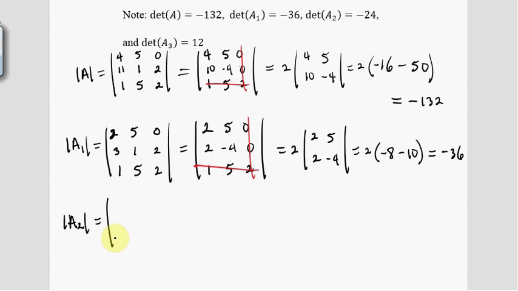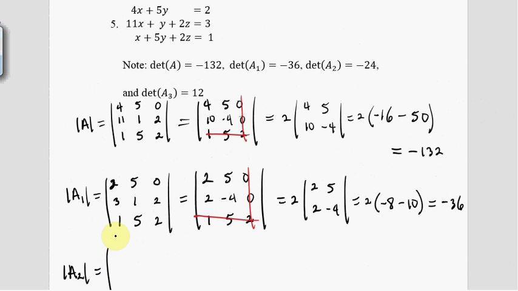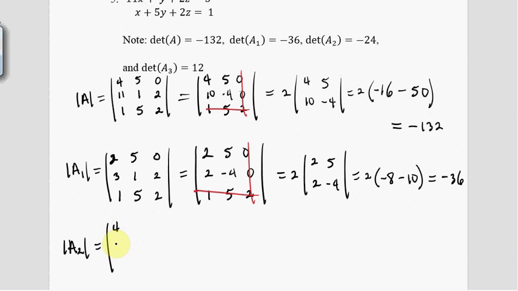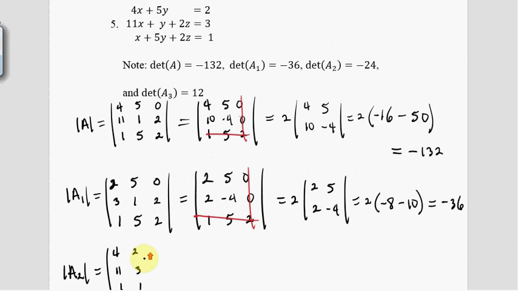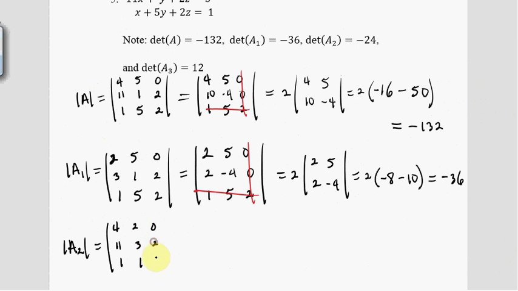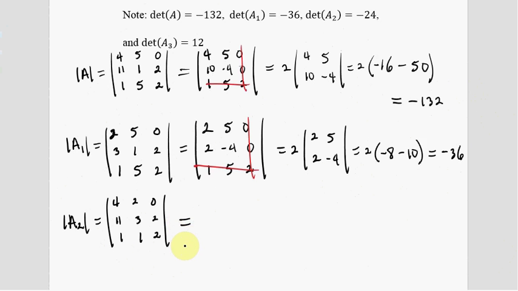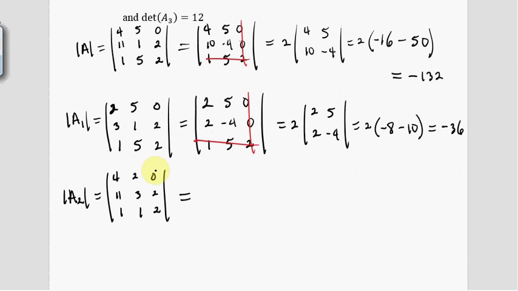A sub 2: take the coefficient matrix, replace the second column with 2, 3, and 1. So 4, 11, 1, 2, 3, 1, 0, 2, 2. All right. So again, I'm going to expand along the third column for the cofactor expansion. I'm going to get rid of this 2 here.